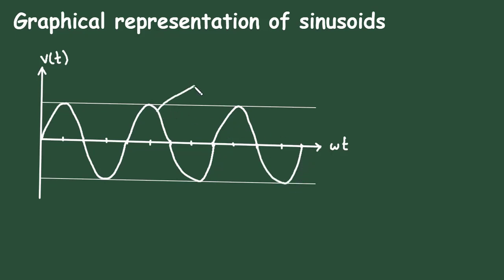And let's say it has a function of Vm sine omega t. This is sine function because it is starting from this 0 point.